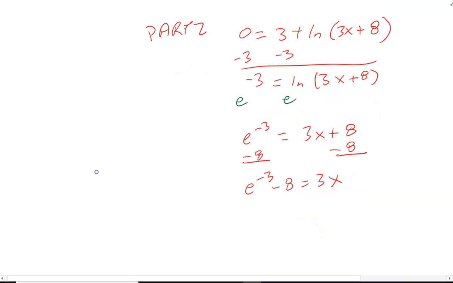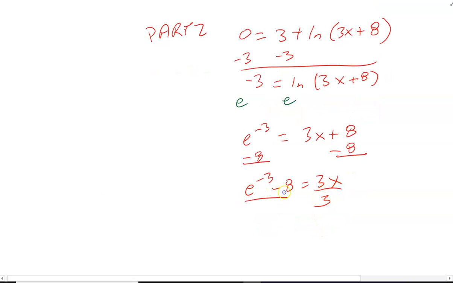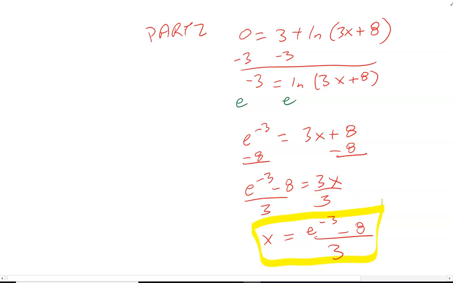We finally divide both sides by 3. So our x-intercept is e to the negative 3 minus 8, all over 3. And we are done finding our x-intercept.